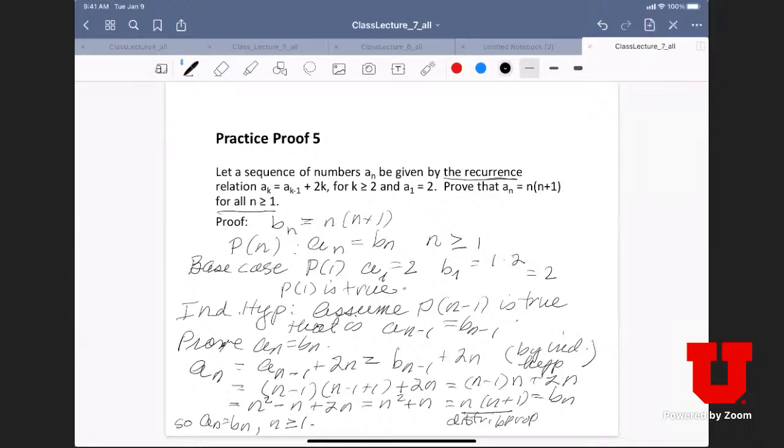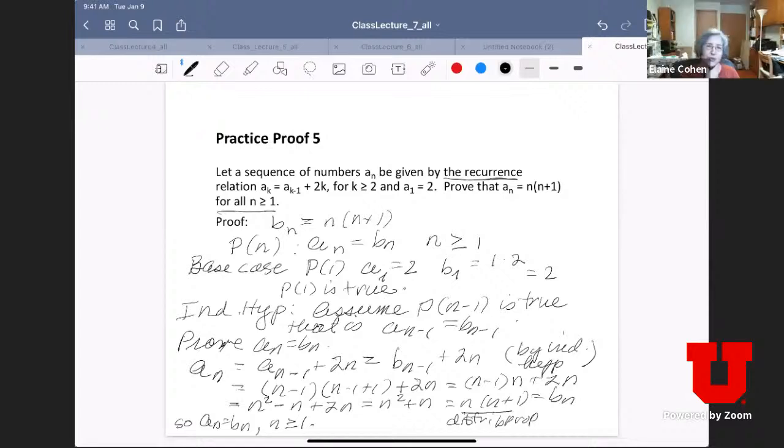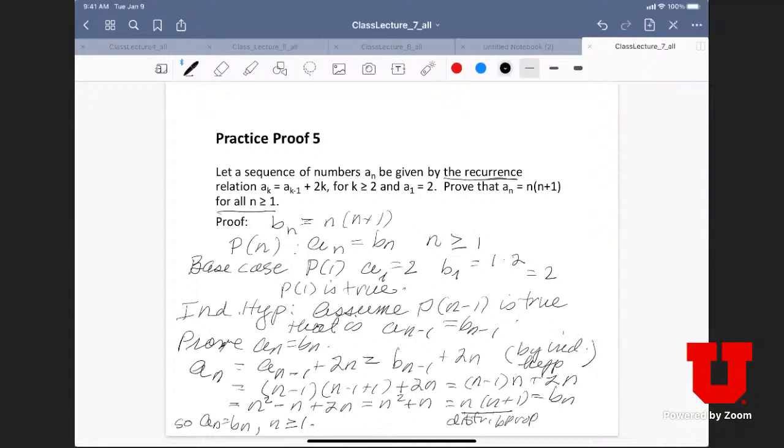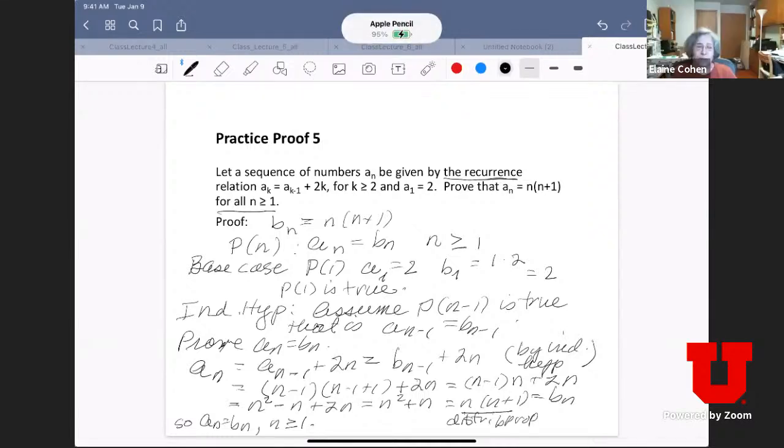For proof by contradiction, if we're not given a statement in the form of an implication, proof by contradiction still works, right? We just have to negate the original statement. Yeah, if you're not given an implication, contrapositives don't necessarily work, but contradiction does. Remember, sometimes it's not phrased per se as an implication, but we've spent time being able to phrase something as an implication when it's an implied implication.